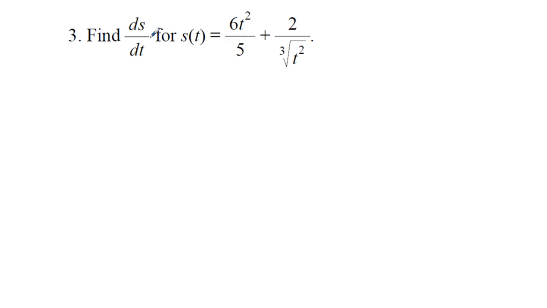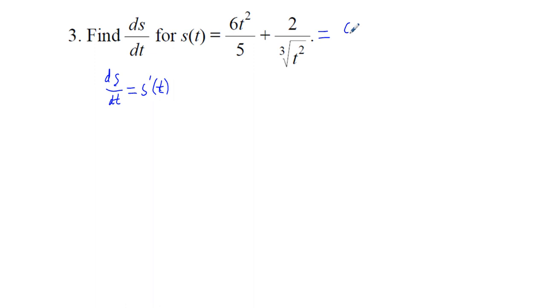Find ds dt for s of t equals 6t squared over 5 plus 2 over cube root of t squared. And so we can rewrite ds dt as s prime of t. But first, what I'm going to do is put s of t in a more, what I call, calculus-friendly form.